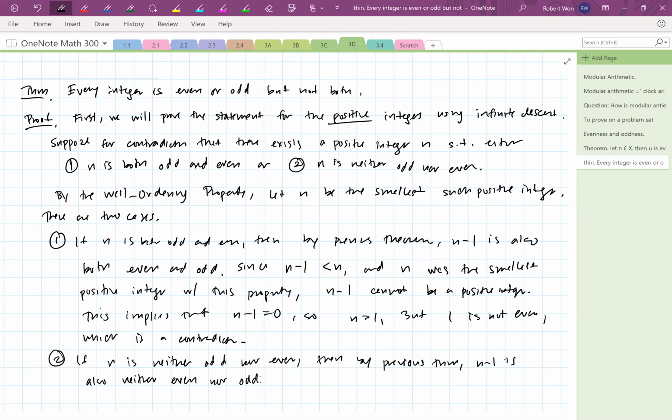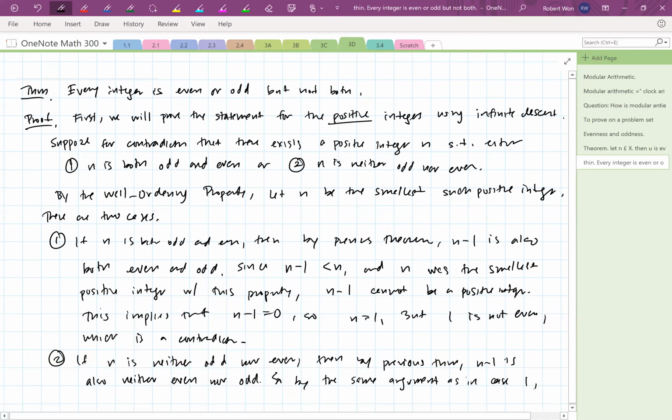So by the same argument as in case 1, n is a positive integer, but n minus 1 is not a positive integer. So n minus 1 is 0 and n equals 1, but n is odd, which is a contradiction.